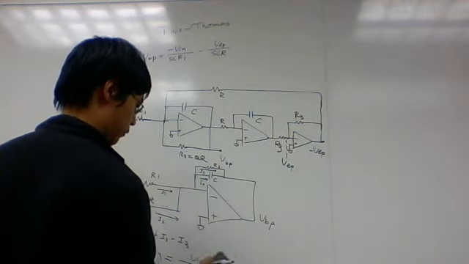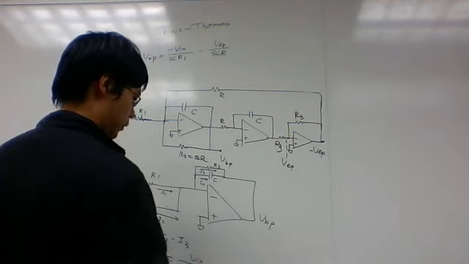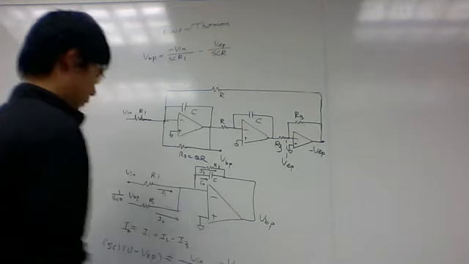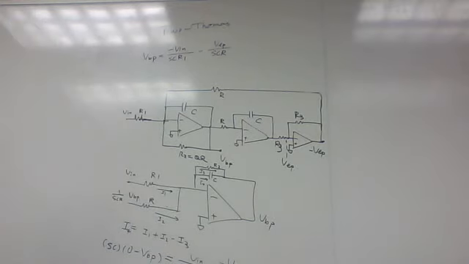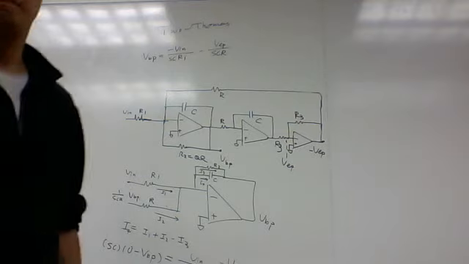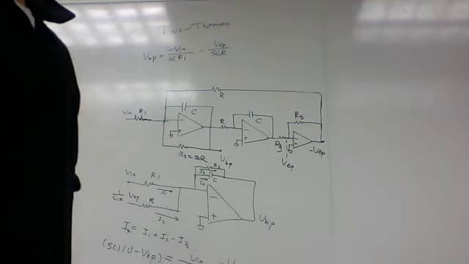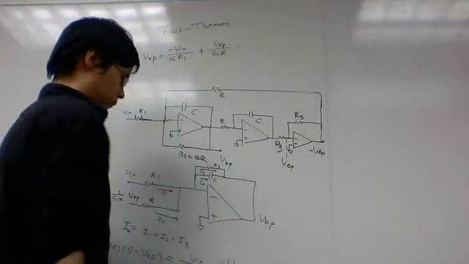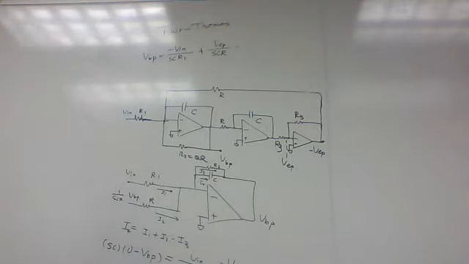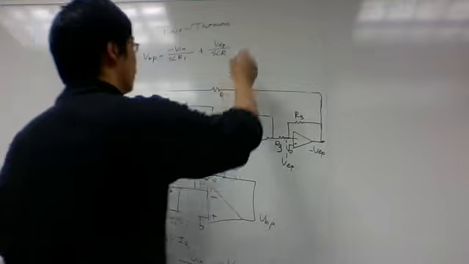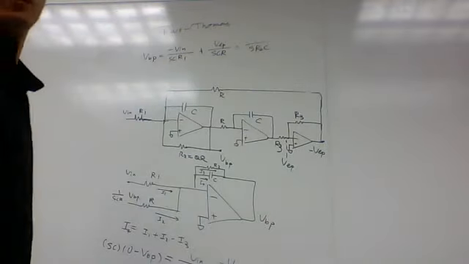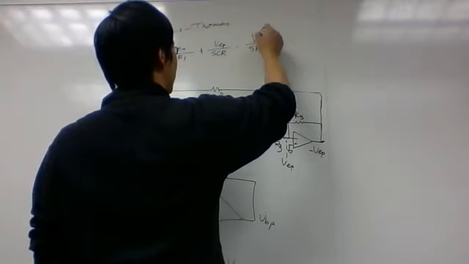Just let's say if we are still using the minus VLP, right? So this is plus, and so minus SR2C of VBP.